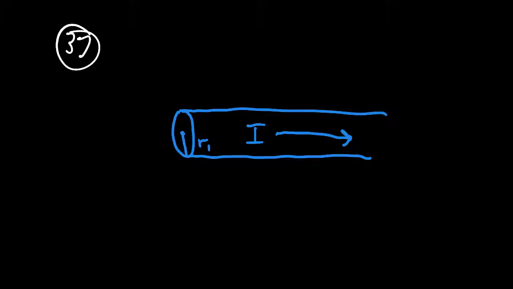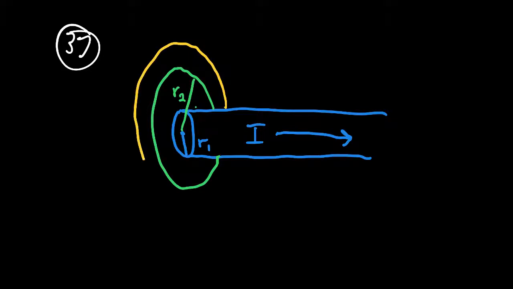So this is a solid cable, the other cable is a cable shell. Colorful candy shell. So that colorful candy shell has an inner shell. We'll call that R2. And an outer shell that we'll call R3.